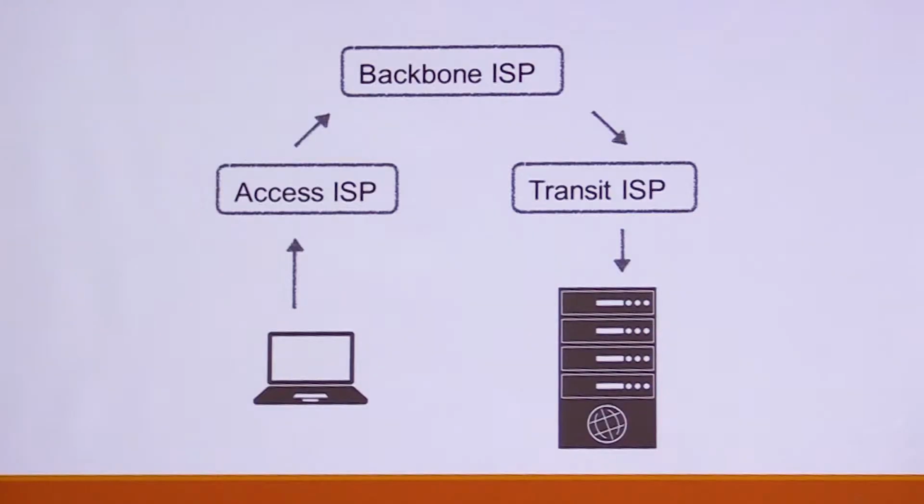Let me be a little more precise about the steps in between the user's device and the web server. The traffic will generally, this is a little bit of a simplification, go from the user's device to an access internet service provider. That might be Comcast providing cable service at someone's home, or it might be Verizon Wireless providing LTE service on their cell phone. It's someone who provides access to the end user.